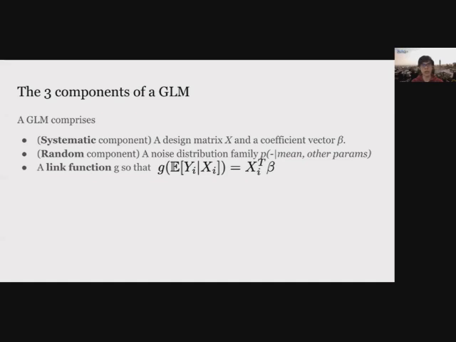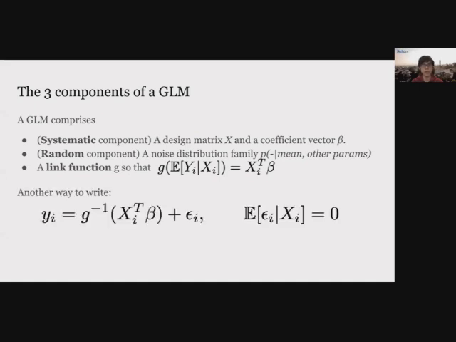Now let me rewrite the last expression in perhaps a more convenient fashion. We can rewrite it as Yi, the label, is given by G inverse applied to the value Xi transpose beta, plus epsilon i, where epsilon i is some noise term that has conditional mean equal to 0.